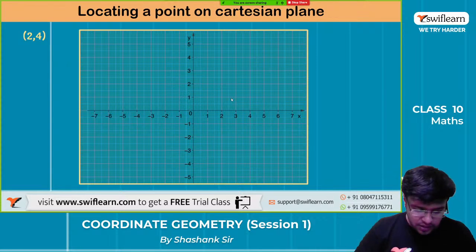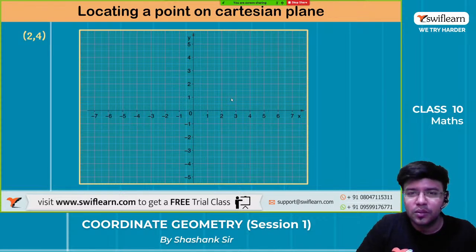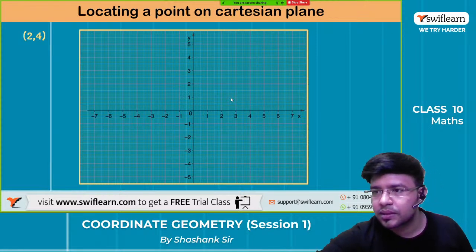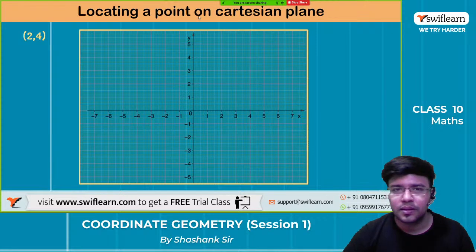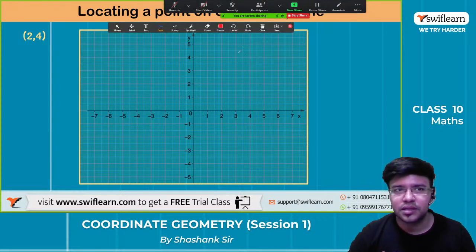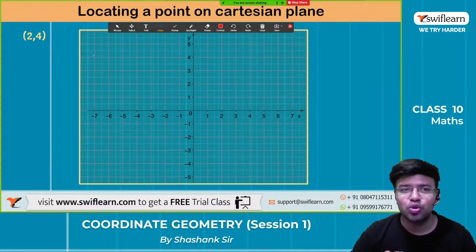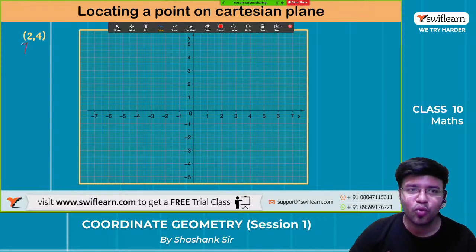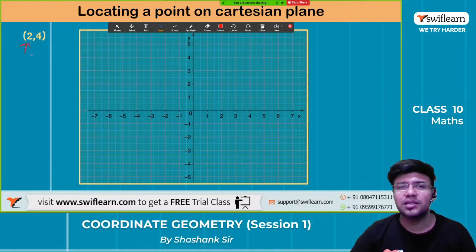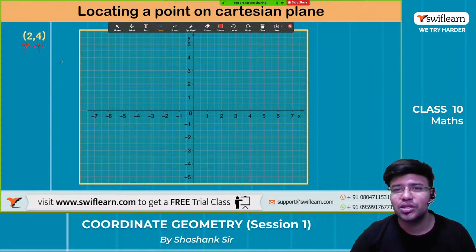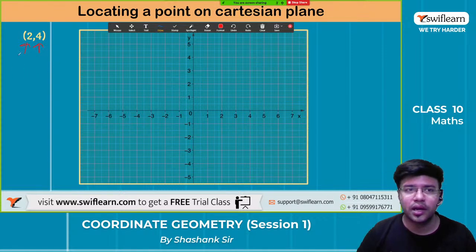Can you locate this? Okay, take your time. You can say in the chat. Yes, 2 is here and 4 is here. So what do we call these? We call the first the x coordinate, and the second information the y coordinate.